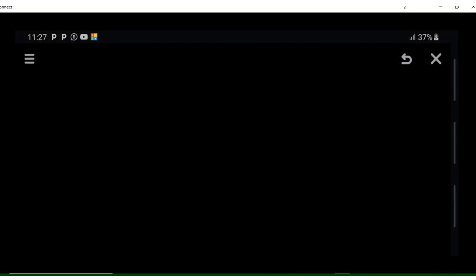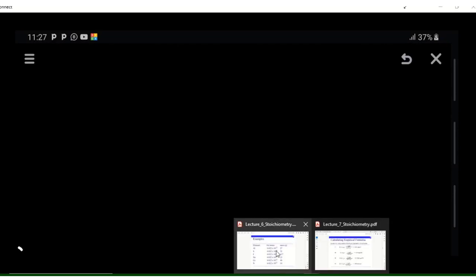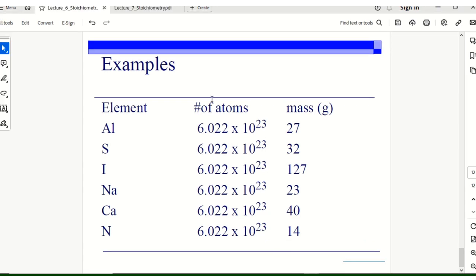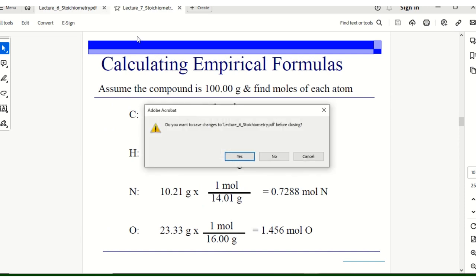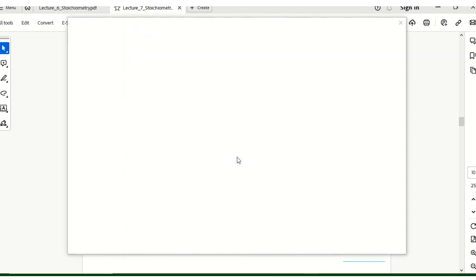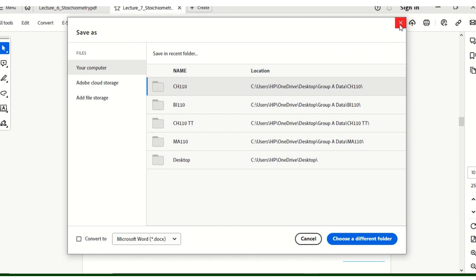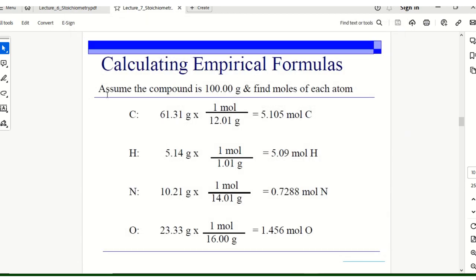So the first example I show, you can see this is, right. What is it? Note 6, yes. Right. So the first example, assume the compound is 100 gram and find the moles of each atom.